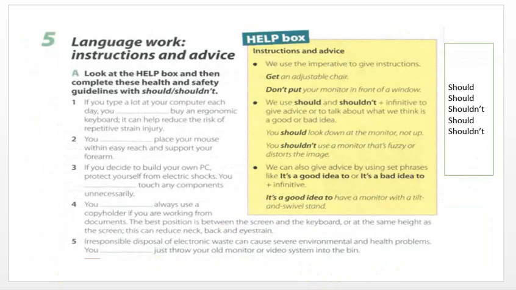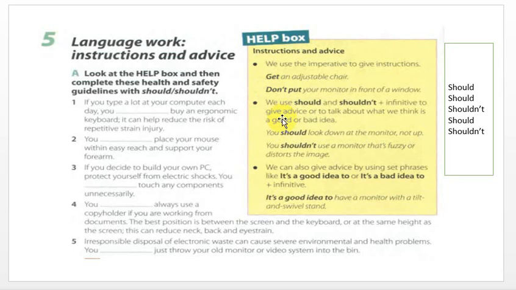Okay, in this slide we will talk about instruction and advice. What is the difference between instruction and advice? We use the imperative to give instruction. The imperative is when the verb comes at the beginning of the sentence. For example, get an adjustable chair.